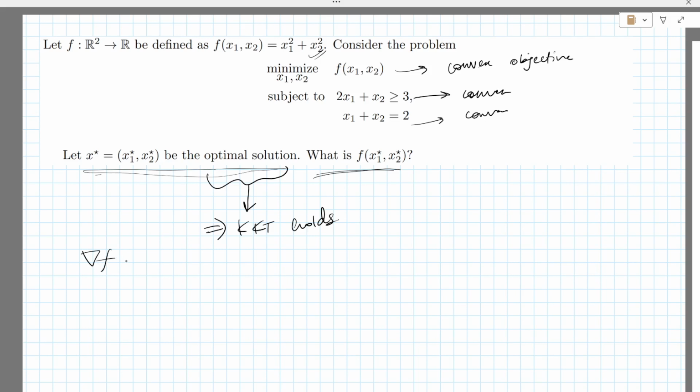So we need gradient of f of x star plus lambda gradient of g of x star plus theta gradient of h of x star is equal to 0, and lambda should be greater than or equal to 0, and theta is free.